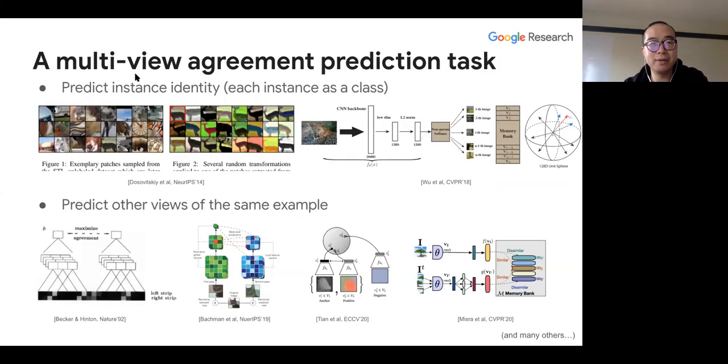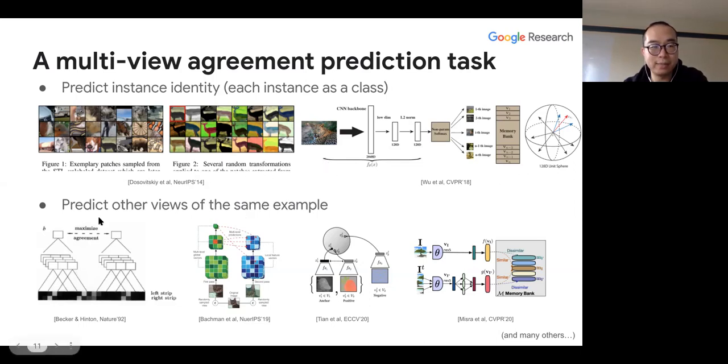Historically, there is this multi-view agreement prediction task, formulated in different works and in different instantiations, like predicting the instance identity, basically treating each instance as a class. This has been done in 2014 and so on.